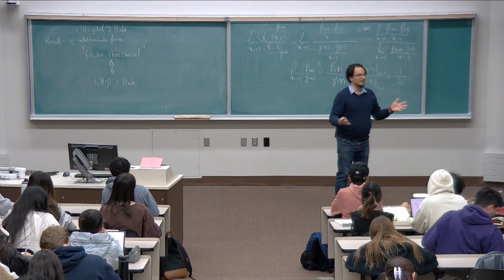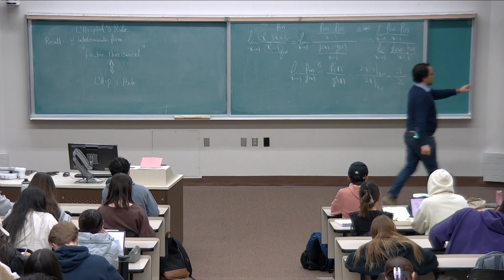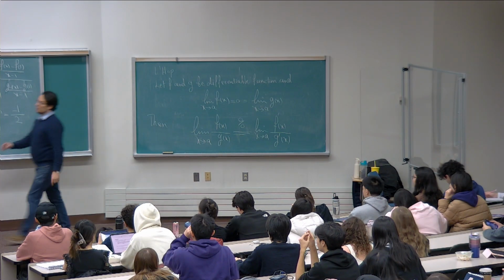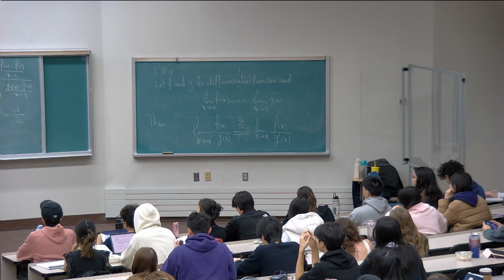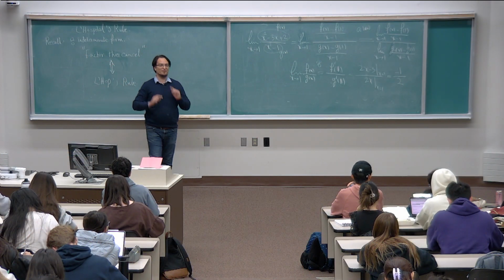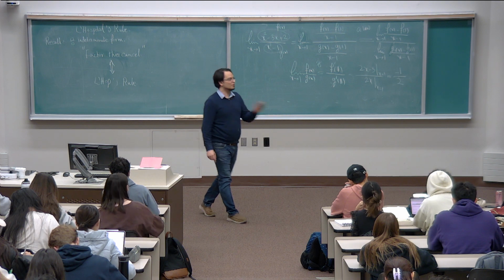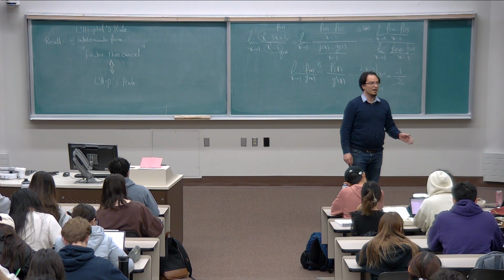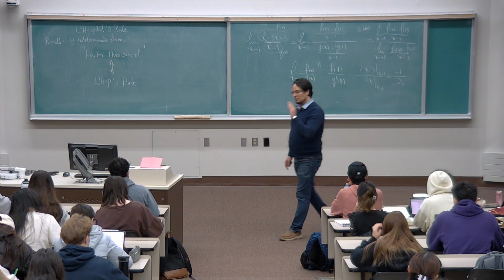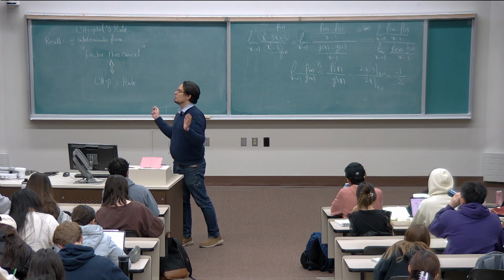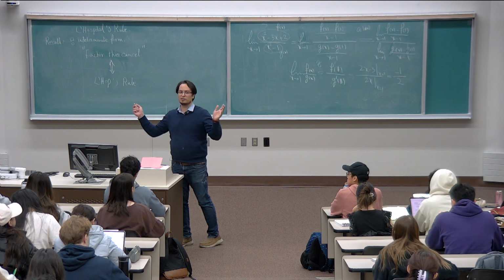So replacing f by f prime and g by g prime works almost the same way as this one, with one big difference. I am not going to be involved in factoring at all. I just need to differentiate the numerator, differentiate the denominator, and everything will go on smoothly.